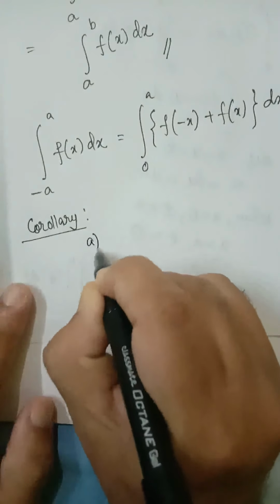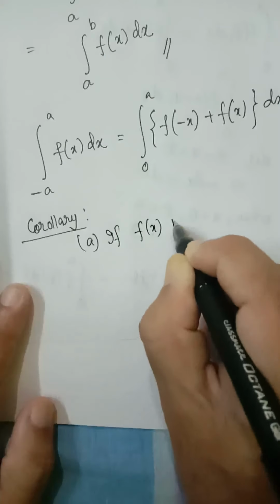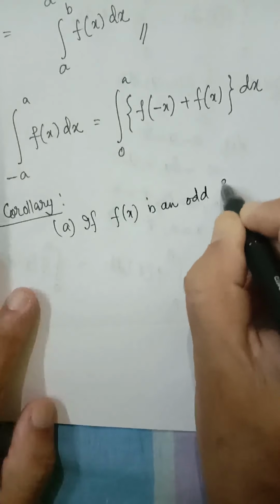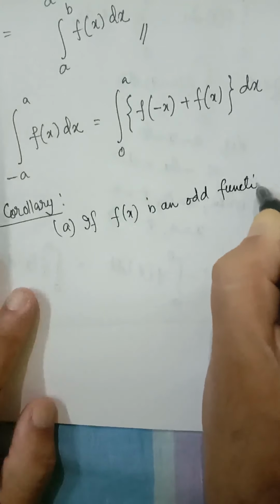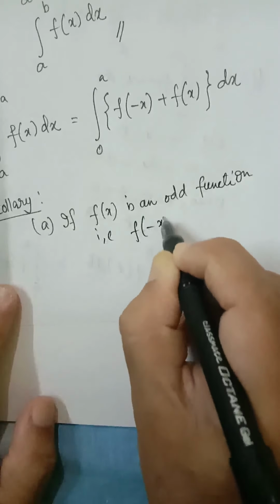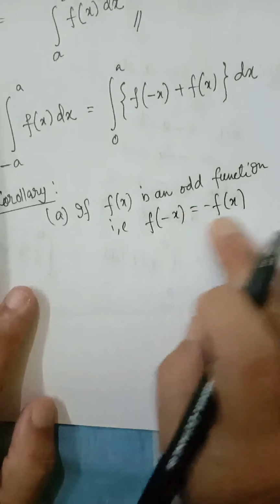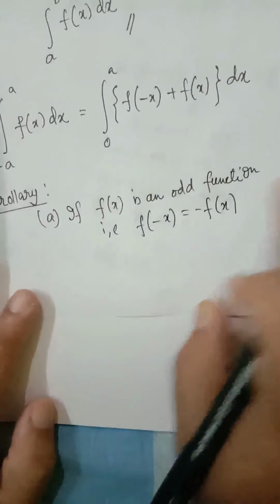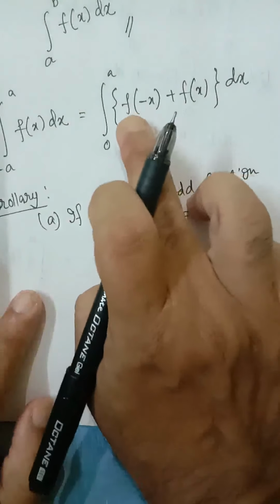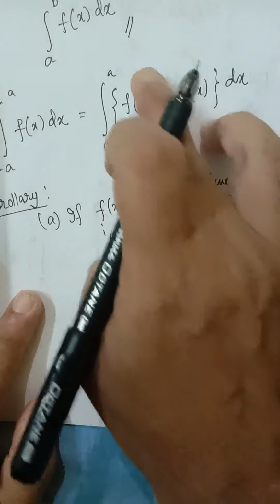Number 1, if f(x) is an odd function. Odd function means f(minus x) equals minus f(x). This is the definition of an odd function. If f(x) is an odd function, that is f(minus x) equals minus f(x), you can see that minus f(x) and plus f(x) will get cancelled.